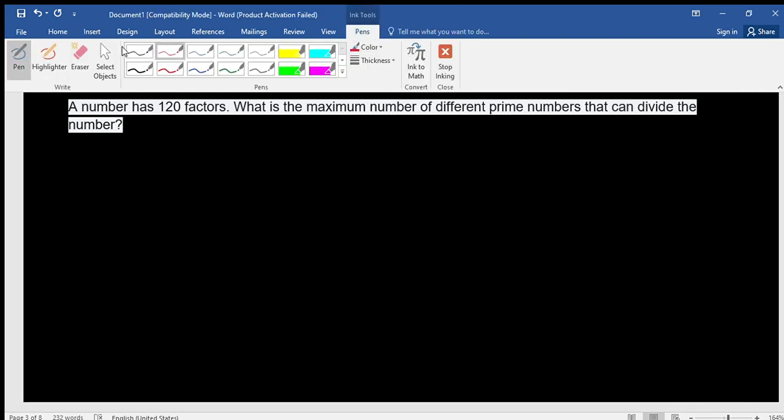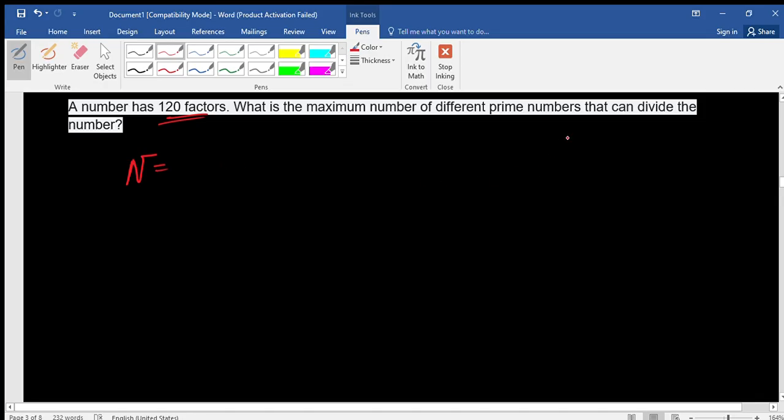Okay, so a number has 120 factors. How do you actually know how many factors a number possesses? There is a simple formula. Let's say n is a number, and if you want to find the number of factors of n, you have to express that number in terms of prime numbers.